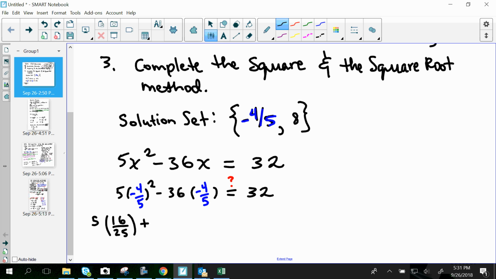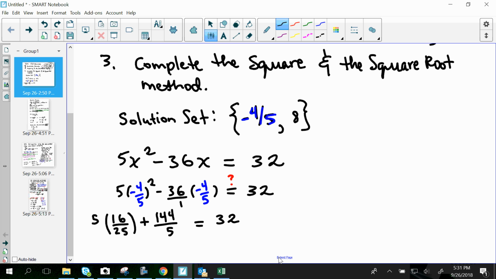Well, that would be 4 times 30 would be 120, 4 times 6 would be 24. So 144 over 5. You can also put this over 1 if it helps you multiply straight across. And then we have 32. Getting closer here.